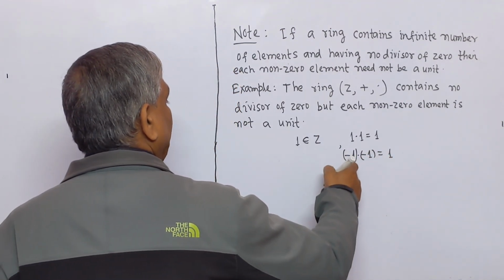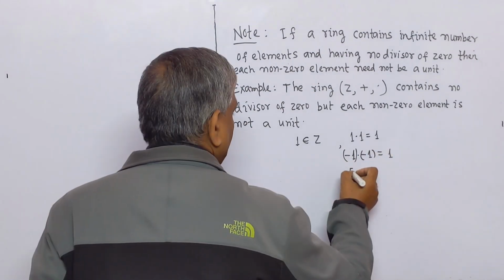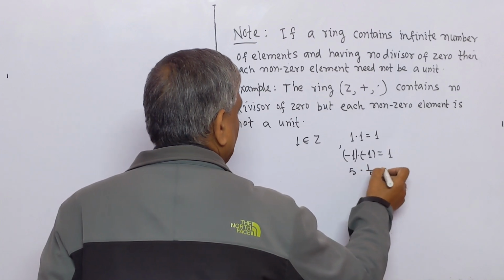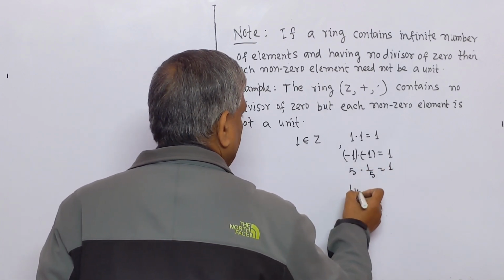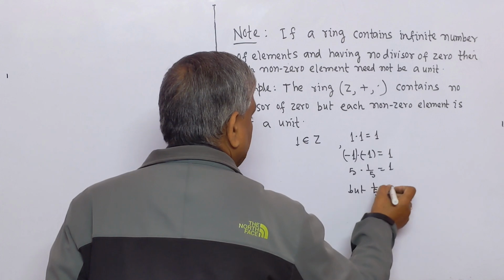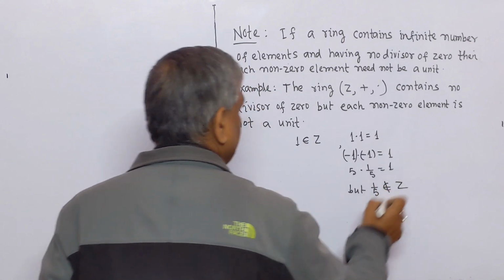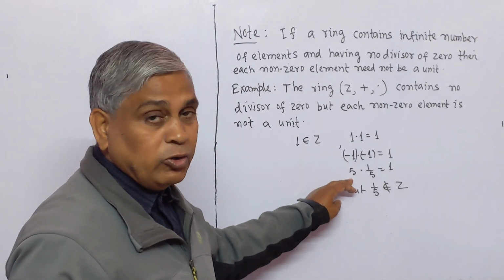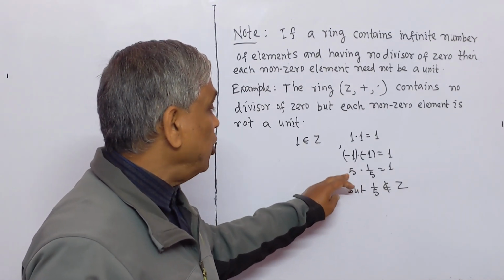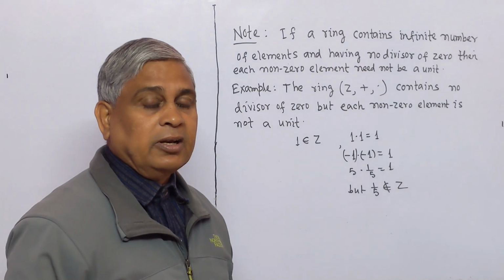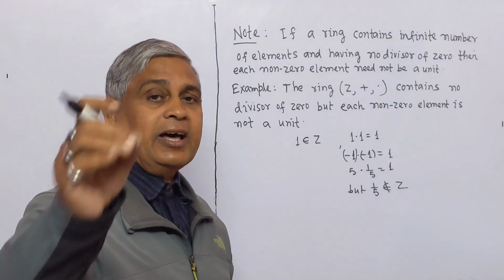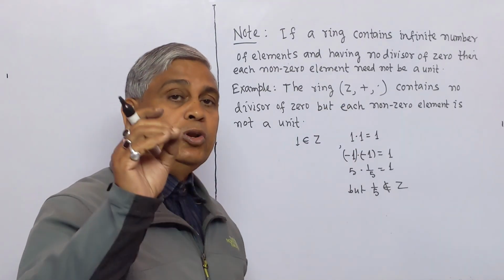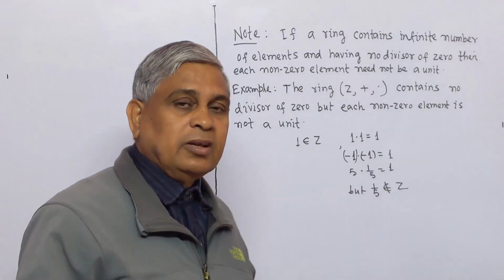Therefore, minus 1 is a unit. 5 multiply 1 by 5 is 1, but 1 by 5 does not belong to Z. So 5 is a non-zero element, but 5 is not a unit. Similarly, other non-zero members of Z will not be units.